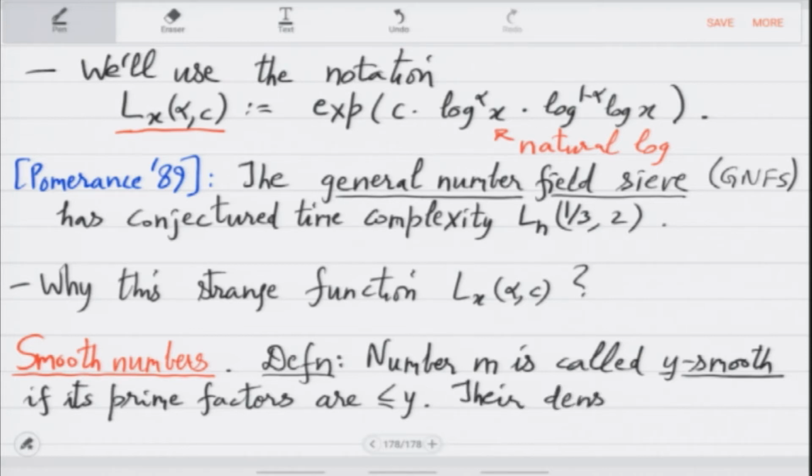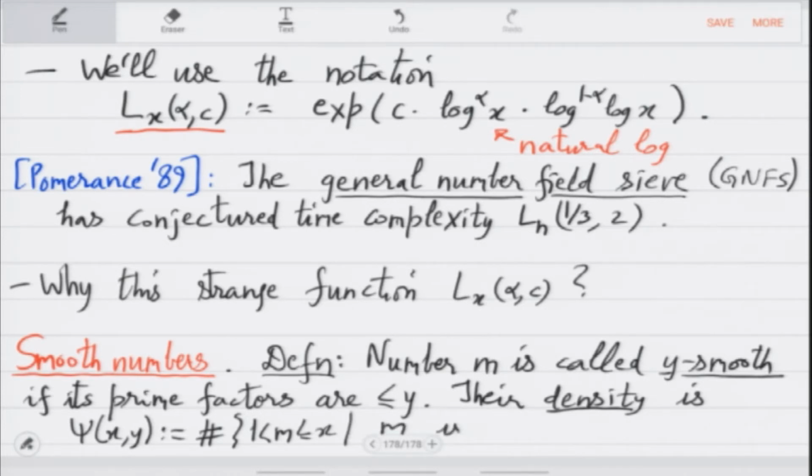Their density will be important. How many numbers below x are y-smooth? Their count is denoted by psi(x, y), the number of m such that m is y-smooth. So psi(x, y) divided by x is the density.